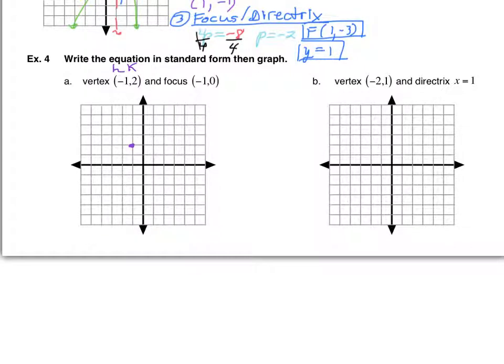So there's my vertex, and then my focus, we'll plot that, is (-1, 0). So this is very important, because I can tell right now whether my parabola opens up, down, right, or left. And what does it do? It opens down, because we want it to hug and support and protect that focus. So I know I have a parabola that opens down.